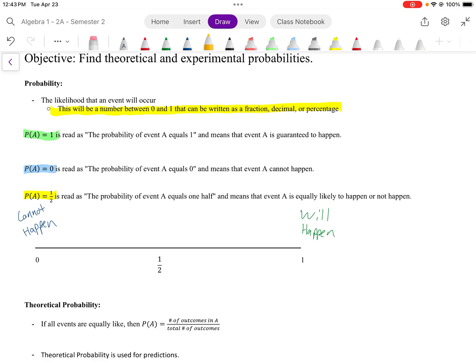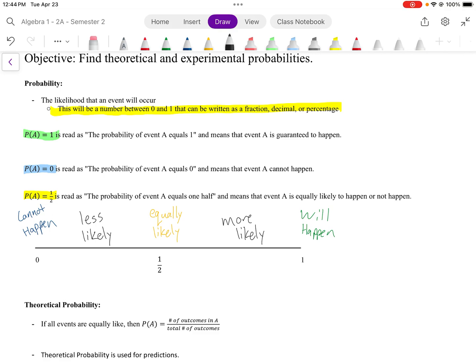And if it's in the middle, at 1/2, it's equally likely to happen and to not happen, okay? If it's somewhere in the middle of the top half, it is more likely to happen and less likely to not happen. Similarly on the left, it will be less likely to happen.